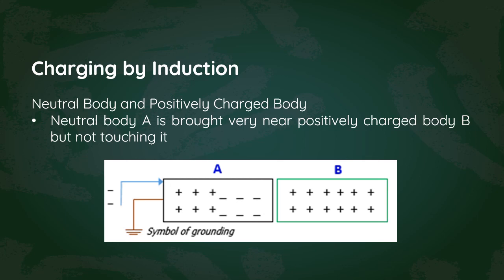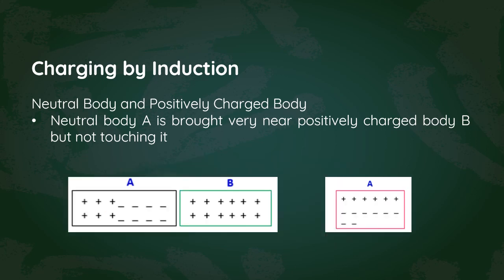So the electrons are acquired by object A. And then your body B, which is positively charged, is taken further away from object A. And since object A was able to gain electrons from the ground, since it has more electrons now, body A becomes negatively charged.